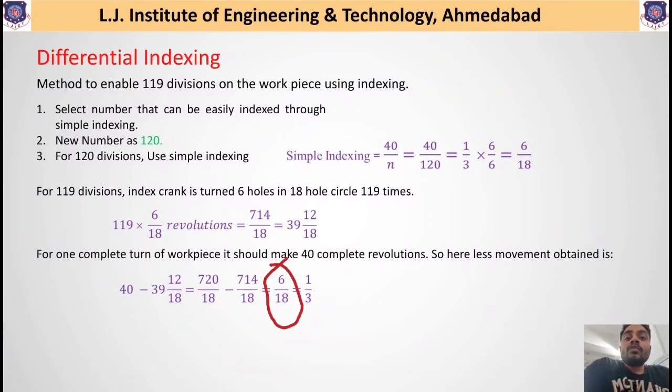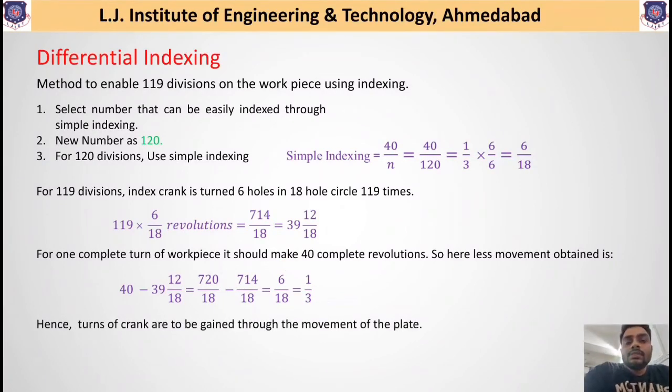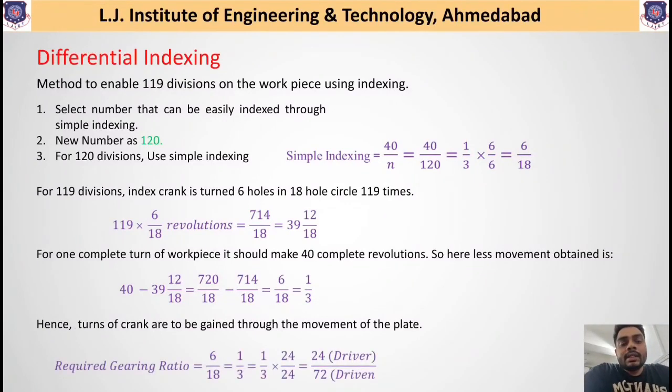And now we need to design the gears which will provide this extra movement, that is 6 divided by 18. For that, simply use the gearing ratio arrangement, as the required gearing ratio, that is 6 divided by 18, needs to be provided by this gearing arrangement. From 6 divided by 18, if you solve, you will get 1 divided by 3.